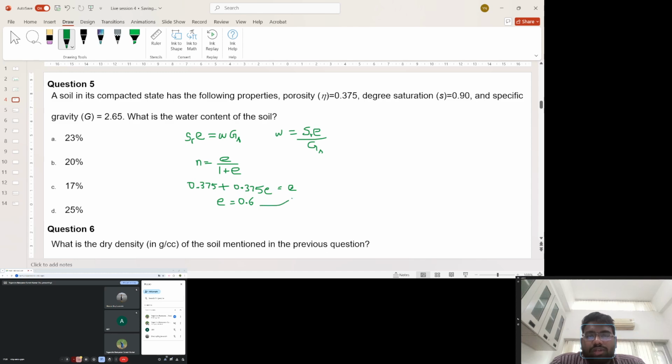Now if you substitute in this, water content will be 0.9 into 0.6 divided by 2.65. So how much is the water content?